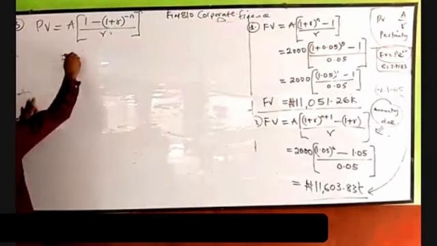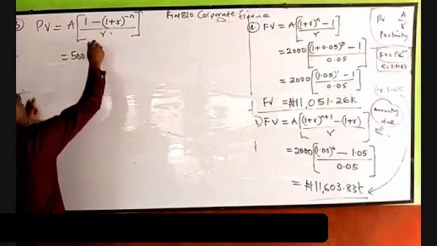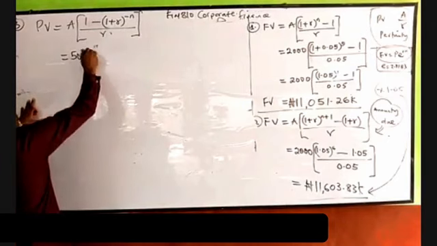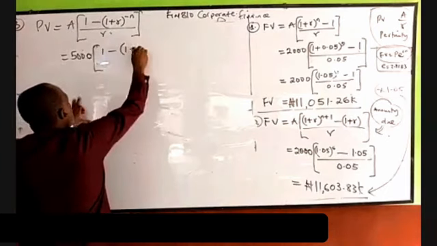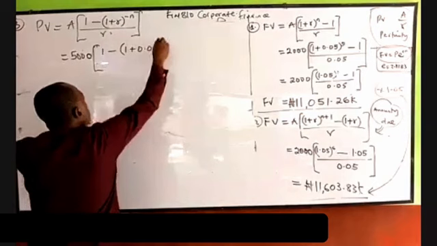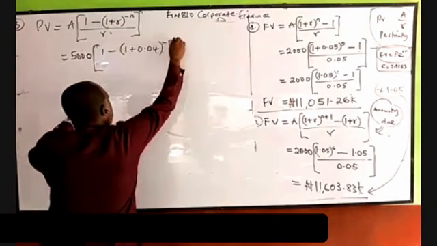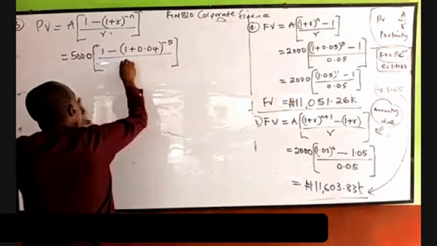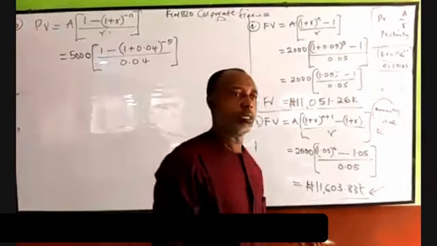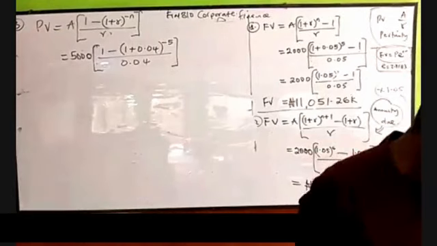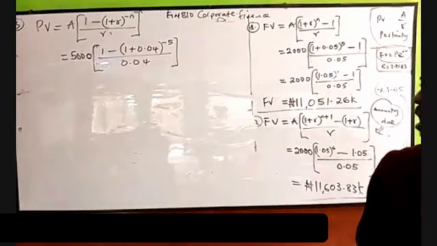So our A is 5,000, times 1 minus 1 plus 4% raised to minus 5 years, all over 0.04. Any question? It's a simple nomenclature to remember.